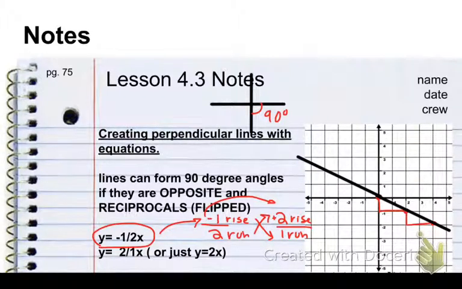That gives me 2 over 1 x, or just 2x. I still start at 0, but I rise 2, go over 1, rise 2, go over 1. When I graph that, I create a line that is perfectly perpendicular.